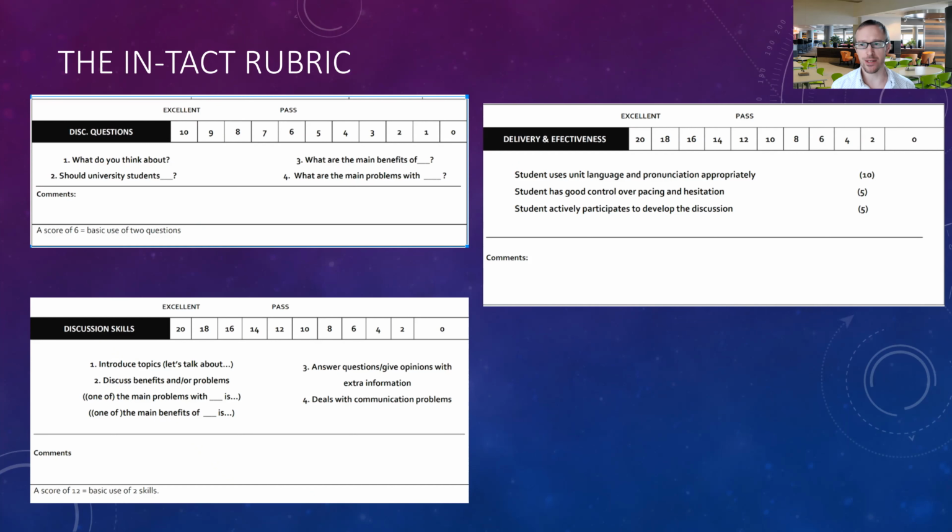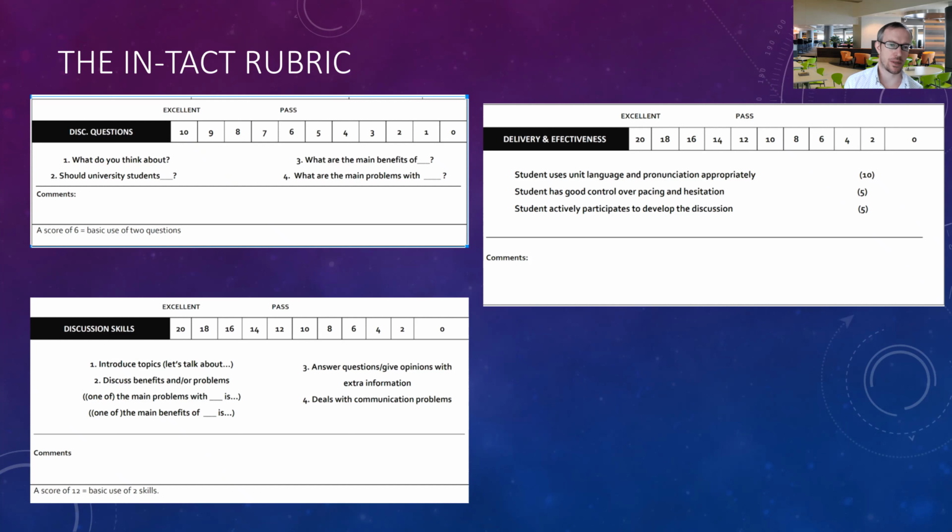But you can perhaps see some issues with these scoring systems. For example, there's very little information as to what constitutes a 6 or a 10. There's no detail other than pass and excellent, and the fact that they need to use 2 questions.